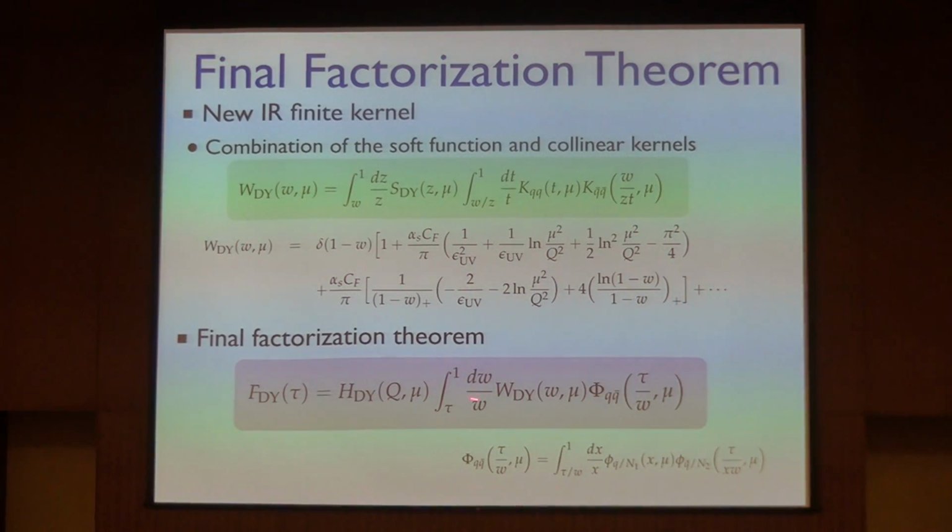So, including this region, the consistent factorization for structure functions can be written. The hard function is the first matching coefficient, and the WDY is the second matching coefficient around the scale Q times 1 minus x. And at the final factorized scale, which can be considered much lower, we have two parton distribution functions.